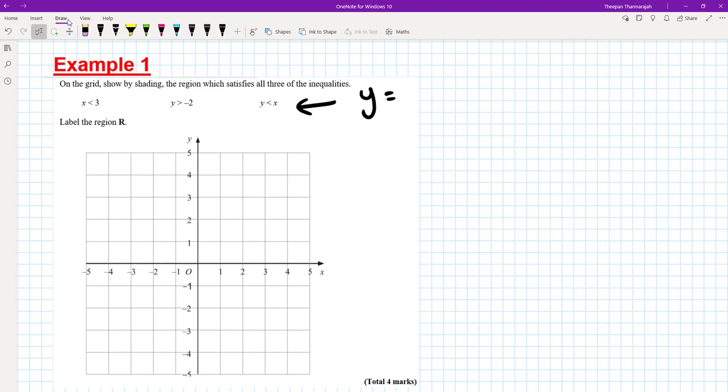I'm first going to draw in the line y equals x. So I've got 1 and 1, 2 and 2, 3 and 3, 4 and 4, 5 and 5, 0 and 0, -1, -1, and so on. Then this will be the line y equals x.